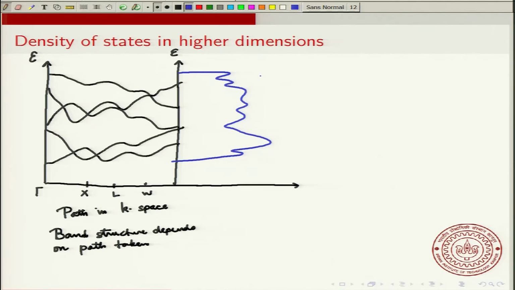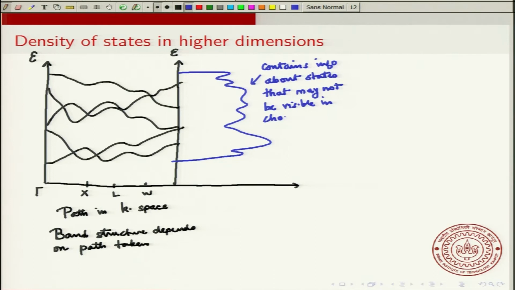So this contains information about the states that may not be visible in the chosen path for band structure.